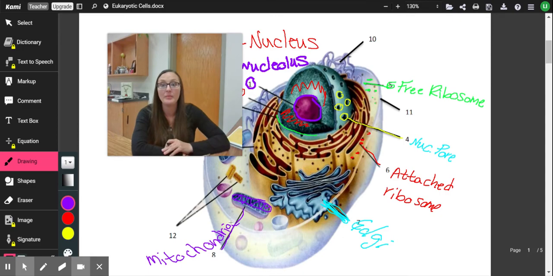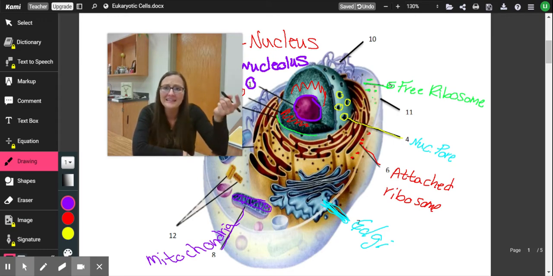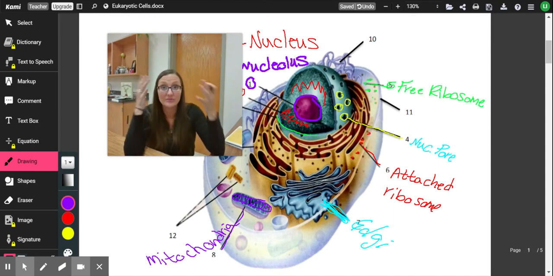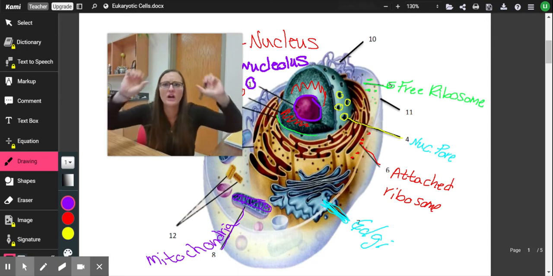Okay, mitochondria. I believe this is the point in my life where you stop and you shout at me, "It's the powerhouse of the cell!" Here's the thing. Please stop yelling that. You don't know what it means. And unless you can tell me what it means to be the powerhouse of a cell, I don't know who brainwashed you, right? I don't know who was like, it's the powerhouse of the cell.